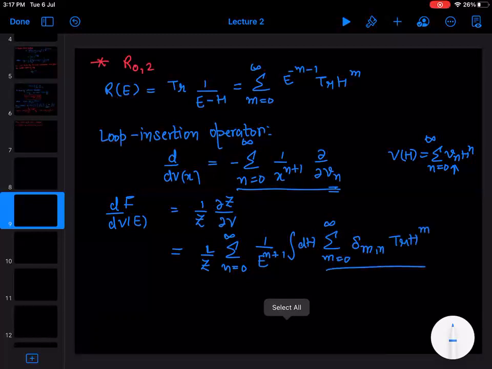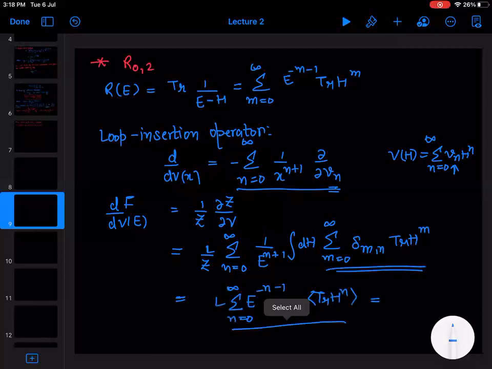This part comes from the potential, and since we have a delta function, one of the sums goes away, and ultimately we are left with this. And this here is nothing but the resolvent. So we have another expression for R of E in terms of the free energy.